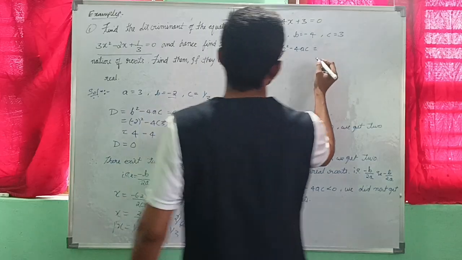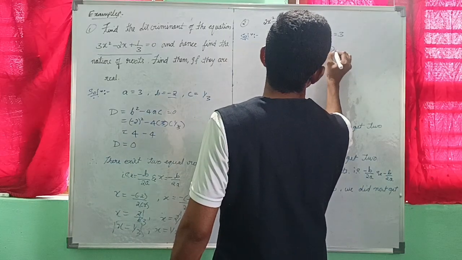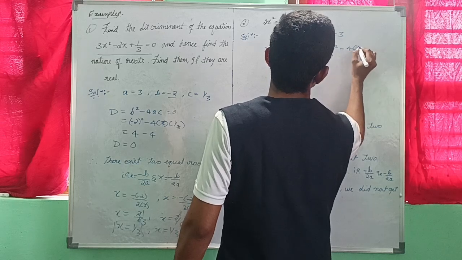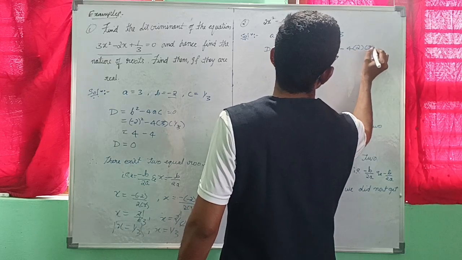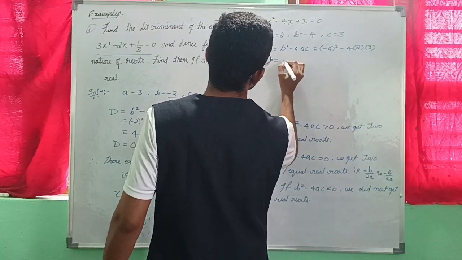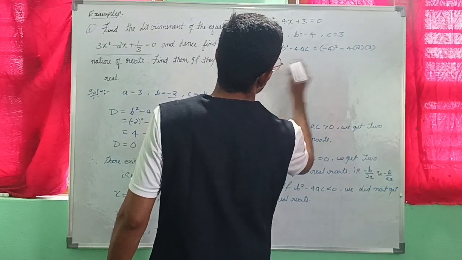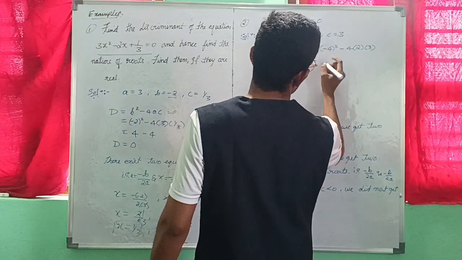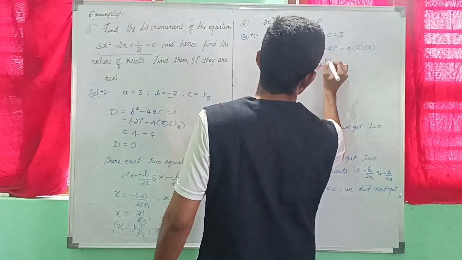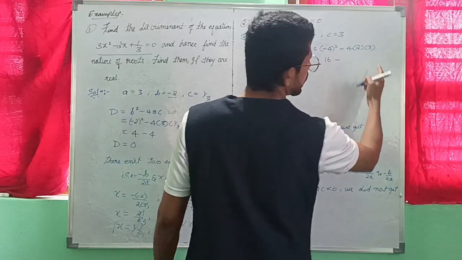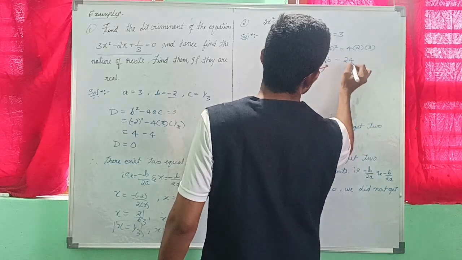When we apply the discriminant formula, the discriminant is equal to b square minus 4ac, which is equal to minus 4 square minus 4 into 2 into 3, right? Then minus 4 square is 16, minus 4 into 2 is 8, 8 times 3 is 24.